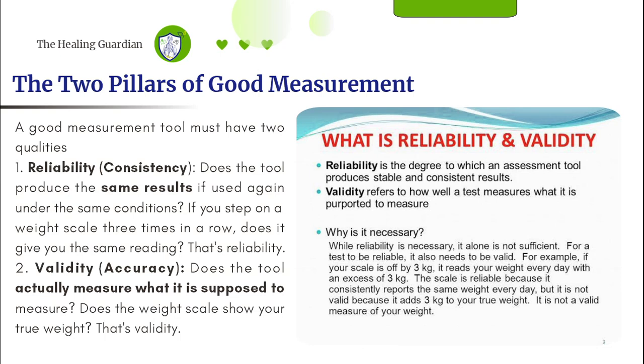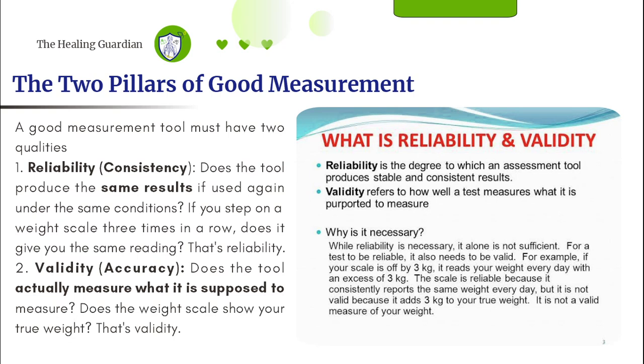These are looked at in your research proposal. Does the tool produce the same results if used again under the same conditions? For example, if you step on a weight scale 3 times in a row, does it give you the same reading? That means the tool is reliable. Otherwise, you may get results out of chance.